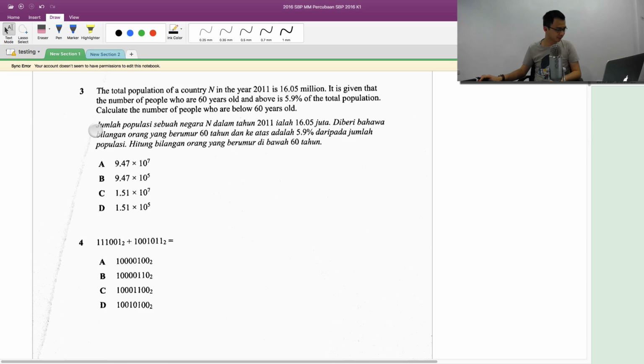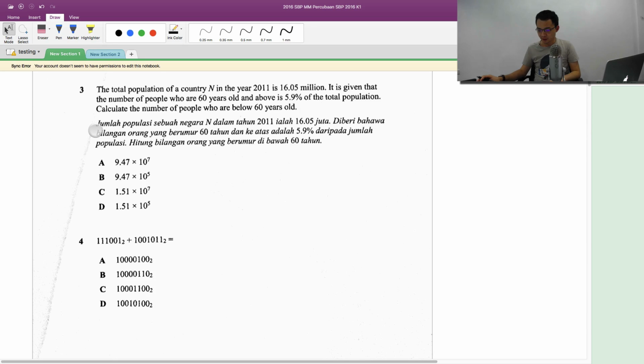Okay, so the total population for country N in the year 2011 is 16.05 million. It's given that the number who are 60 years old and above is 5.9% of the total population. Calculate the number who are below 60 years old.